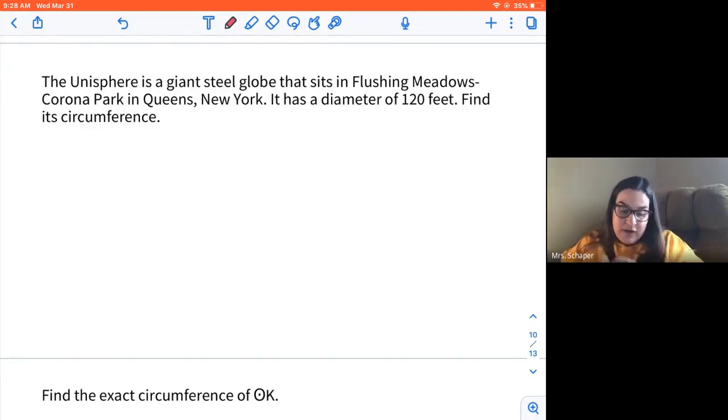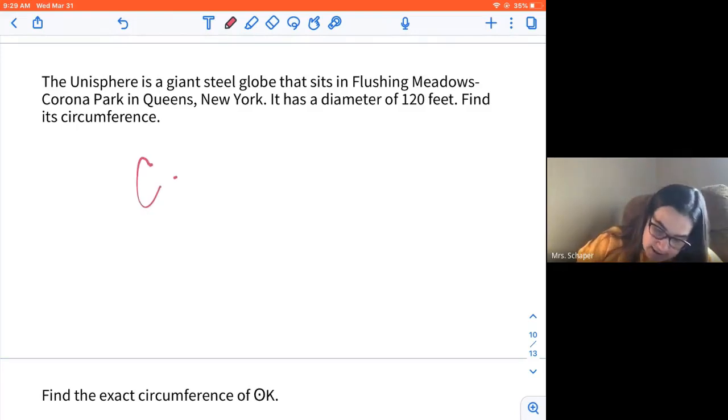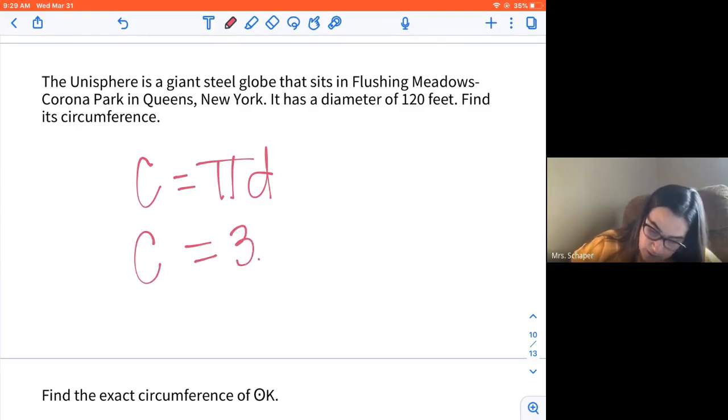The Unisphere is a giant steel globe that sits in Flushing Meadows Corona Park in Queens, New York. It has a diameter of 120 feet. Find the circumference. Okay, so the circumference is equal to pi d, so the circumference is going to be 3.14 times 120.